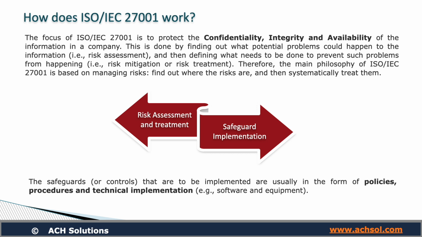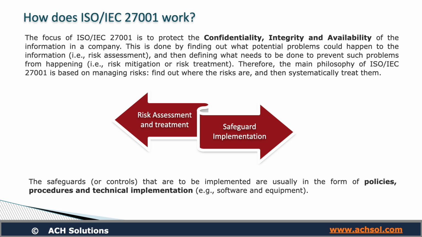And then the technical implementation, where you implement things like firewalls and antivirus on your machines, so that you safeguard against technical attacks. So these are the components of how we ensure that we are implementing controls or safeguards against the risks which can lead to the loss of confidentiality, integrity, and availability of data.